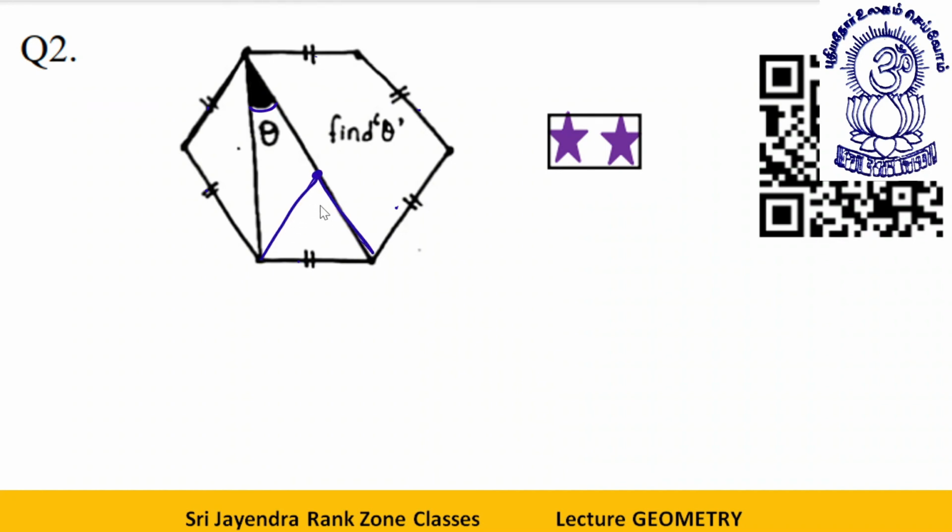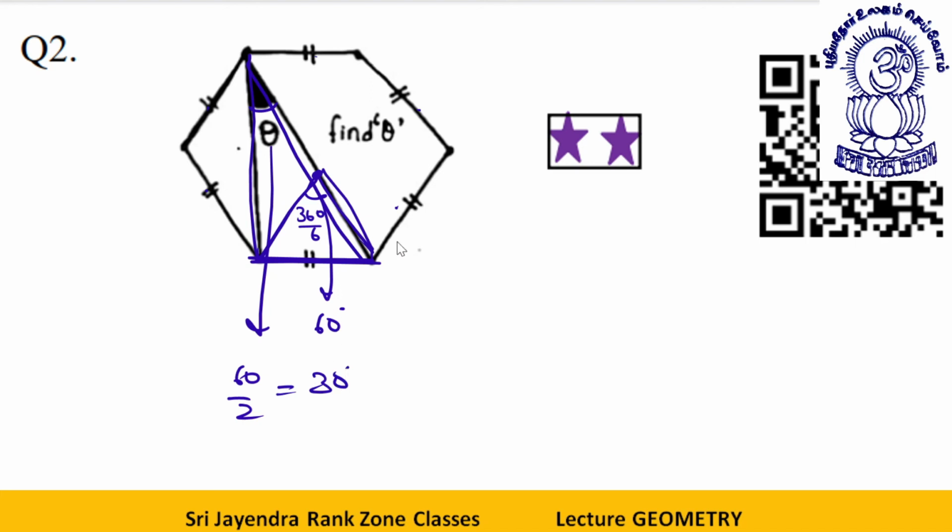There are six sides, so this angle will be 360 by 6, that is, this angle will be 60 degree. Now this particular chord makes an angle of 60 degree at the center. So what angle will this chord make at the circumference? This angle will be 60 by 2, that is 30 degree. Does it make sense? Am I clear to all?